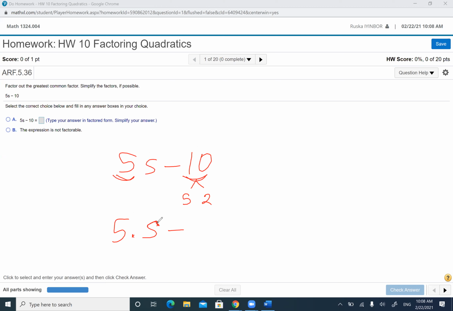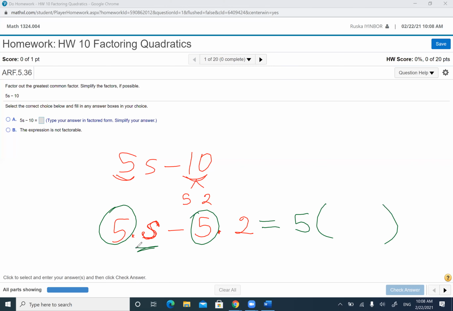This is s, looks like 5 a little bit, but it's an s. So both of those have 5. So I can pull out one 5 from each term. When you factor, each term has to have the same 5. And then what is left? S minus 2, right? That's what is left. And this should be my answer. Okay?